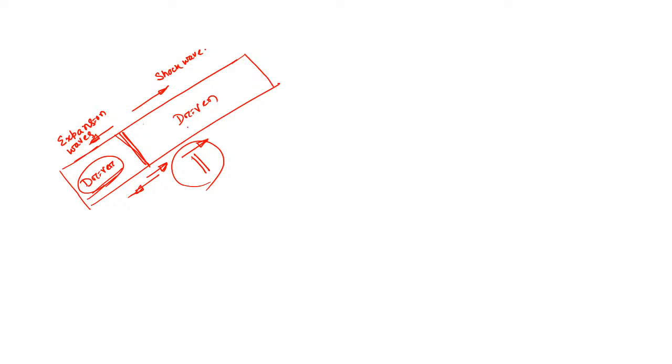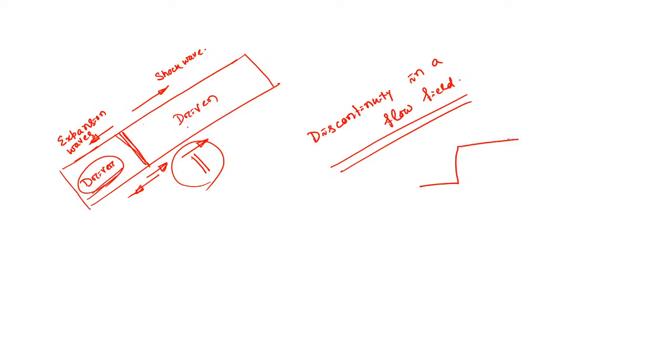And another question was about the discontinuity in a flow field. The word discontinuity refers to the fact that it's a kind of sudden rise in the property conditions.